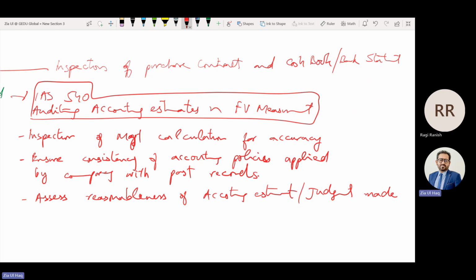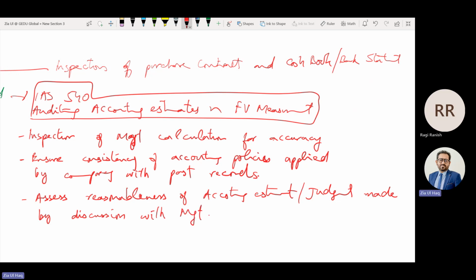If management used any estimate or judgment while calculating the value of any assets, we need to assess whether those accounting estimates and judgments are reasonable. How? By discussion with management.